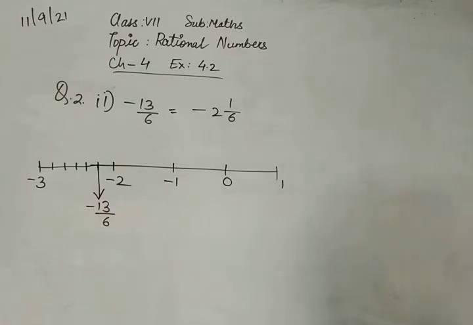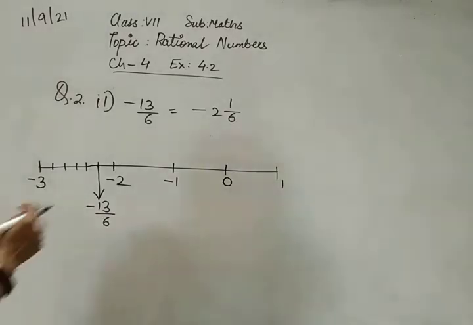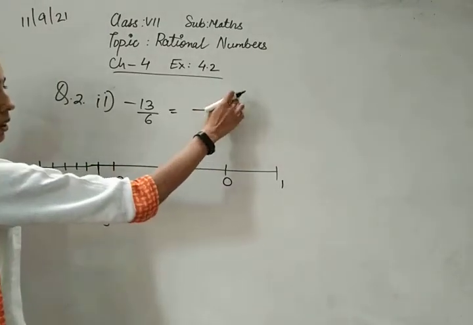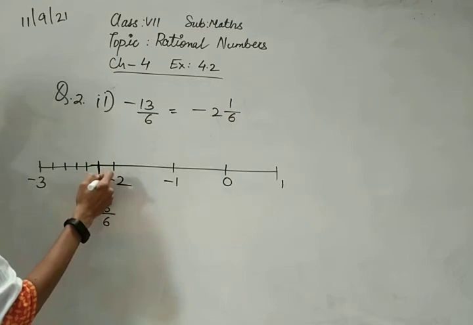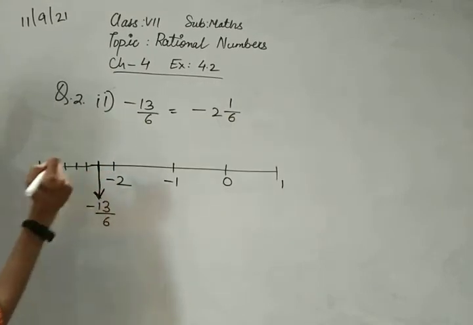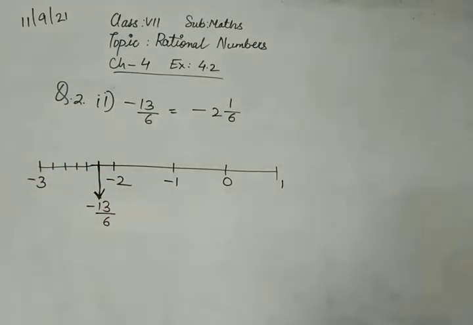This is how we represent a rational number on a number line. The number will come at the ones place, and there is 1 in the numerator, so we will mark the number at this place. Clear?